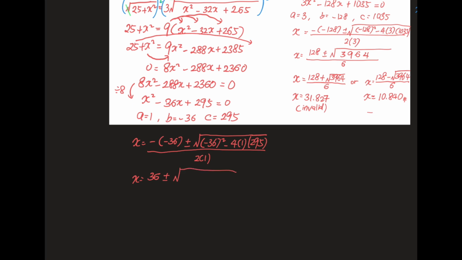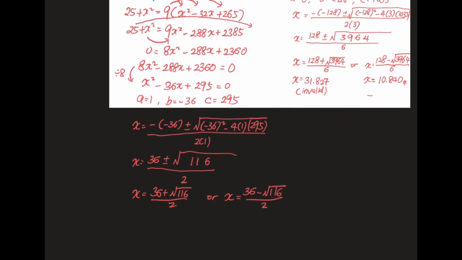So minus 36 squared minus 4 times 1 times 295. So we have square root of 116 over 2, and we separate them. The first fraction takes plus, and the second fraction takes minus. Okay, then we count it out.